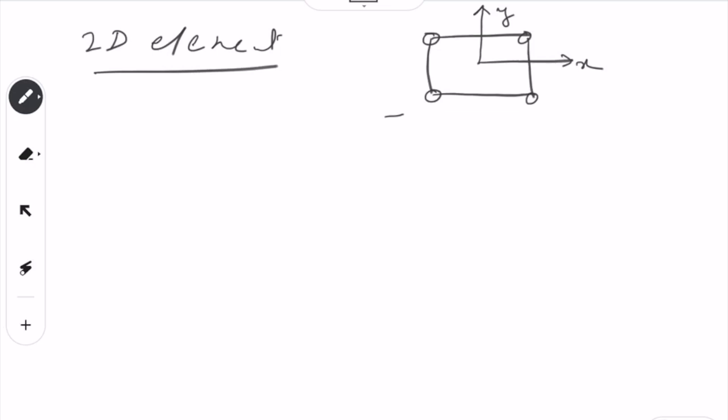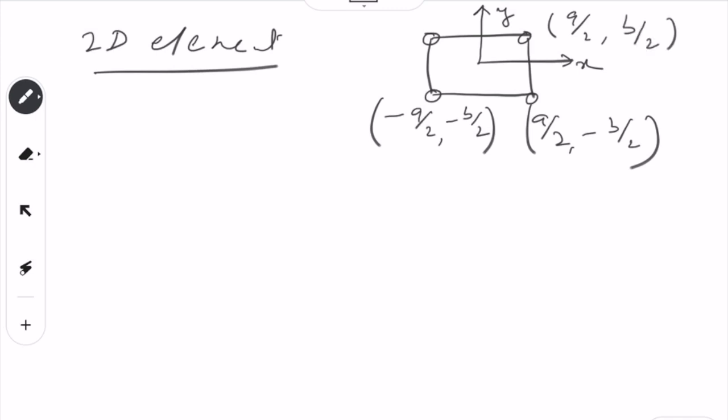So, you have minus a over 2, a over 2, comma, minus b over 2, right. So, minus b over 2 here, this can be a over 2, plus b over 2, minus a over 2, b over 2.